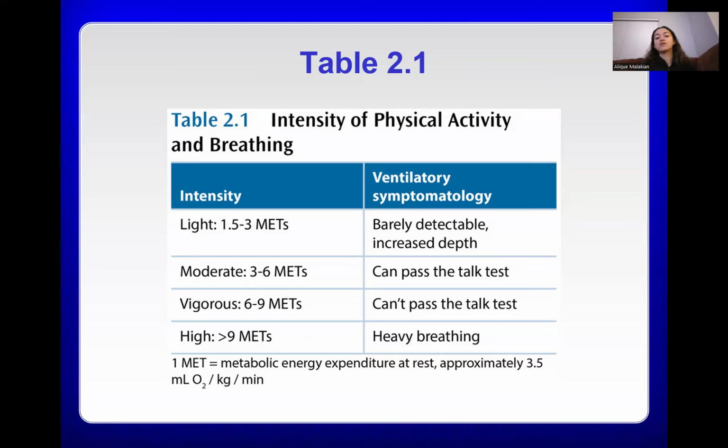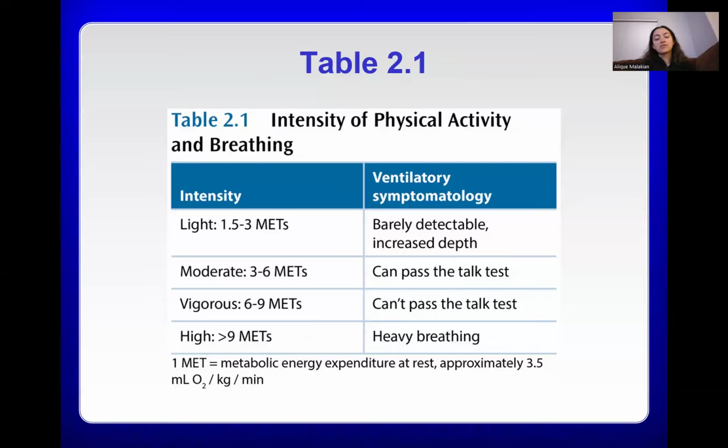The best way to do this is to do a talk test, and it's extremely easy, and you don't even have to tell them that you're doing this test, right? The idea is that up to moderate intensity, they can pass the talk test, meaning when you're talking to them, they can respond without breathing too hard, without breathing too deeply.